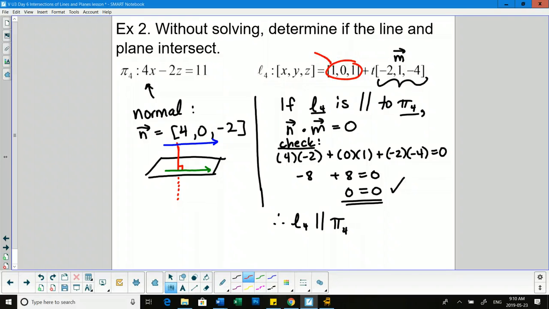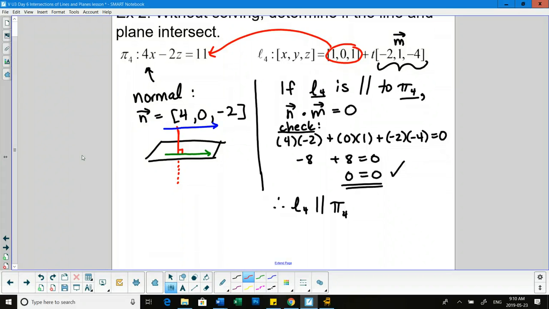Okay, so if we take this point and plug it in here, either they share all points together, right, or they share no points. So either I will get a true statement or an untrue statement. So if I want to check whether they're parallel and coincident or parallel and distinct, I will plug a point on that line into my plane and see if that point is on the plane.